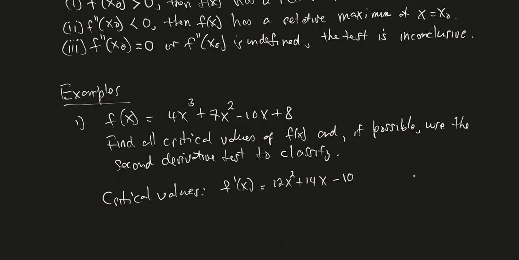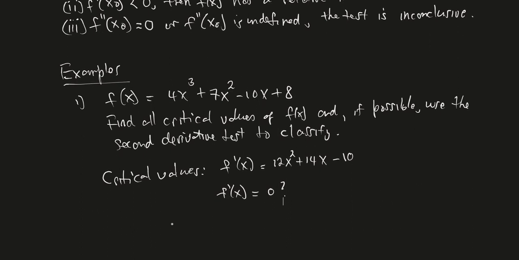So I'll state that this derivative will always exist. So the only critical values will occur when our first derivative is equal to 0. We're asking ourselves this question: for what values of x is my derivative equal to 0?